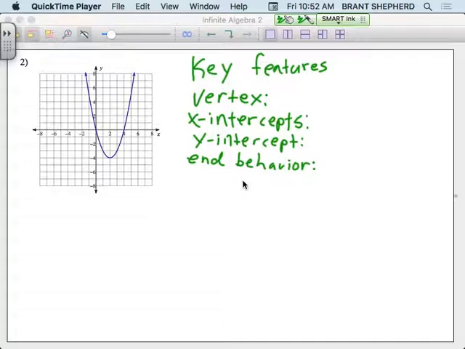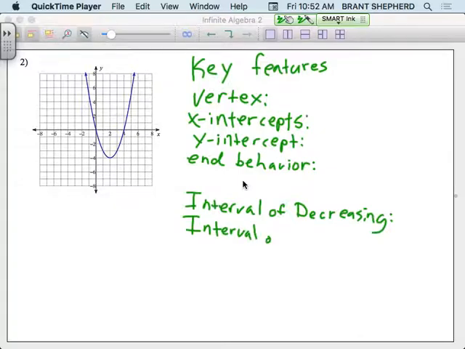I might also get asked for the interval of decreasing. And you can imagine if I'm asked for that, I might also be asked to give the interval of increasing. And two more things.